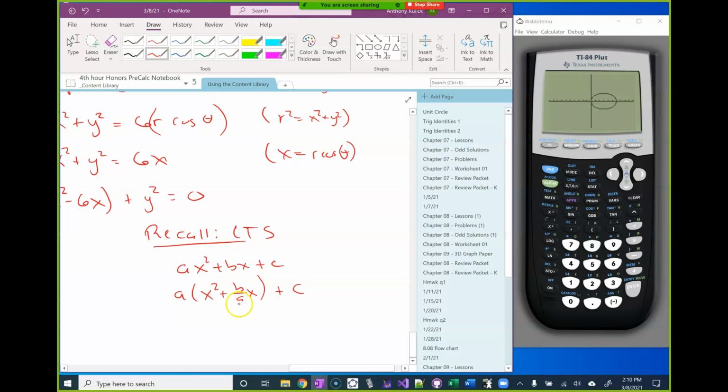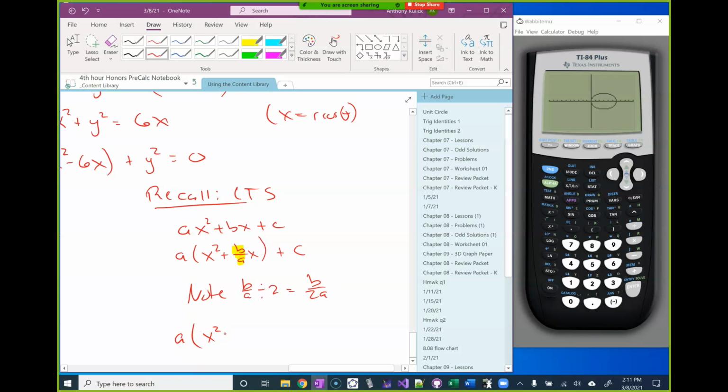Then we're going to add and subtract the next term divided by 2, squared, right in a row. So note here that b over a divided by 2 is just b over 2a, because if you multiply by the reciprocal, it's the same thing as dividing, right?